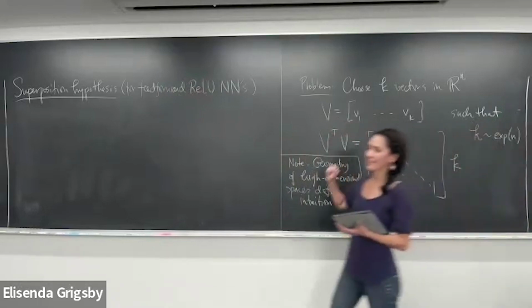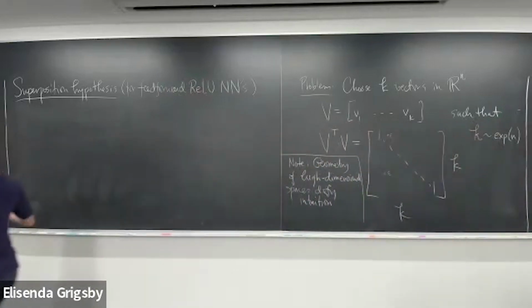So somehow these ReLU neural network parts of transformers are where a lot of the action happens. Okay, so here's the superposition hypothesis stated for feed-forward ReLU neural networks.